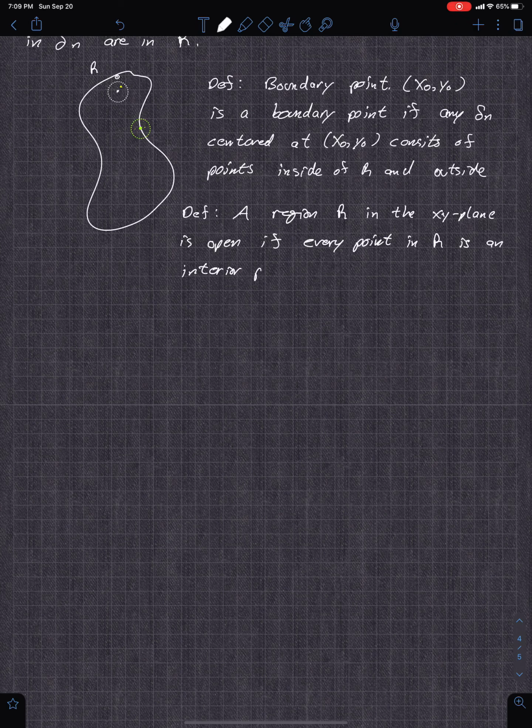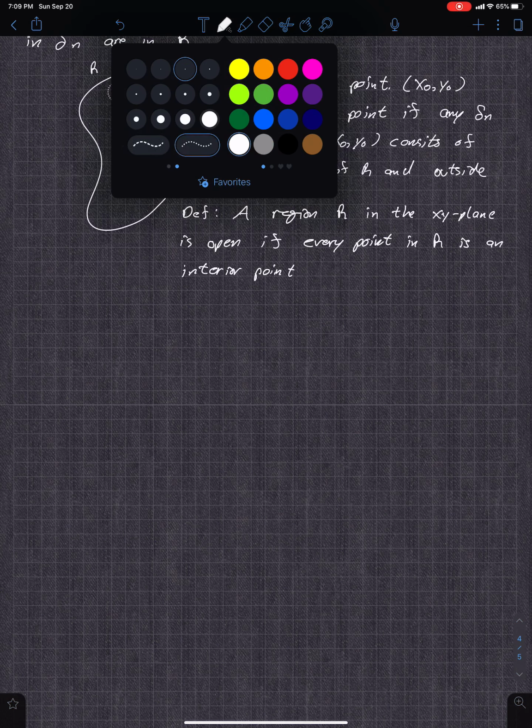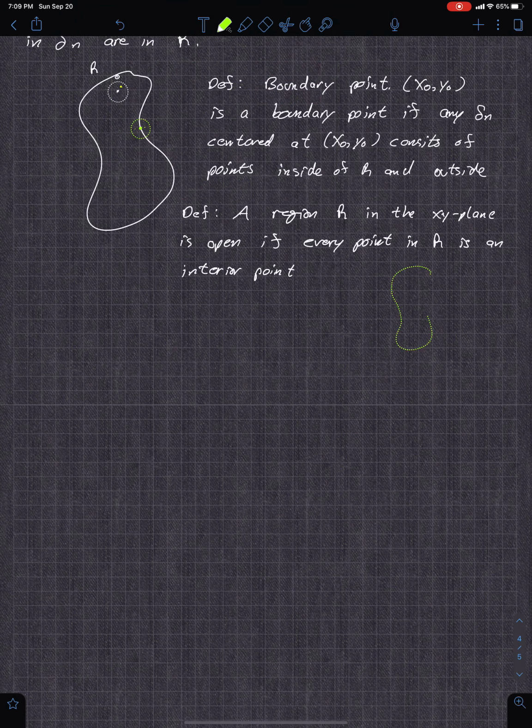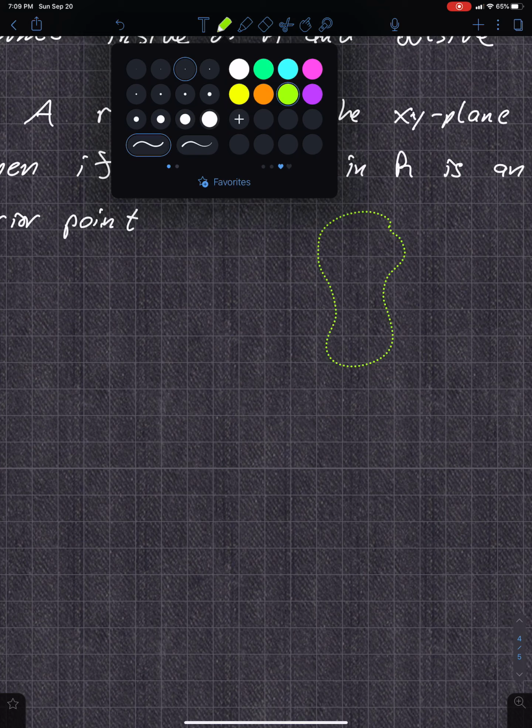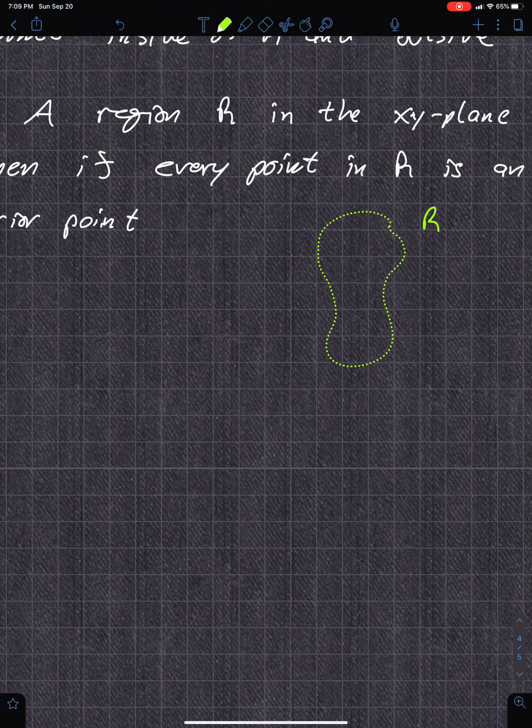So think about that. Does that make sense? So if you have some region, and let's change colors here, this is kind of supposed to look like an open region R. Then doesn't it make sense that every point you can put a delta neighborhood around it, so that every point's an interior point?